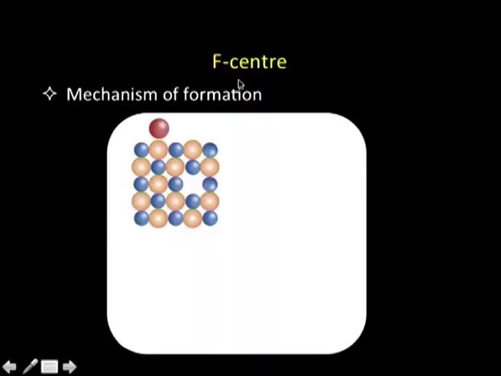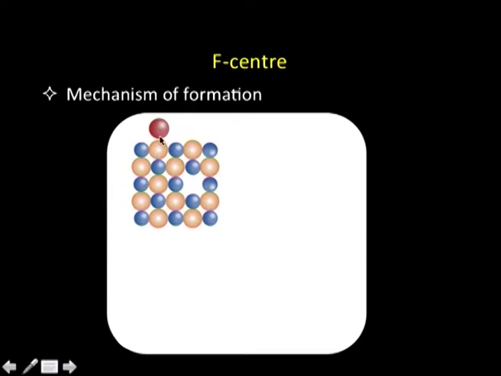Look at this. Typically we have a crystal of sodium chloride having an anion vacancy. We take this sample of sodium chloride and heat it in the presence of sodium vapors, and some of the vapors get adsorbed onto the lattice. This blue is my sodium ions and the other ones are the chloride ions.